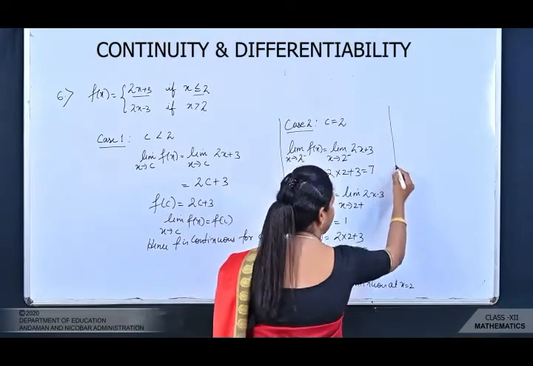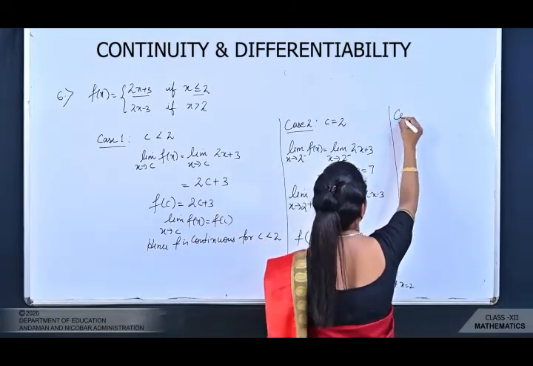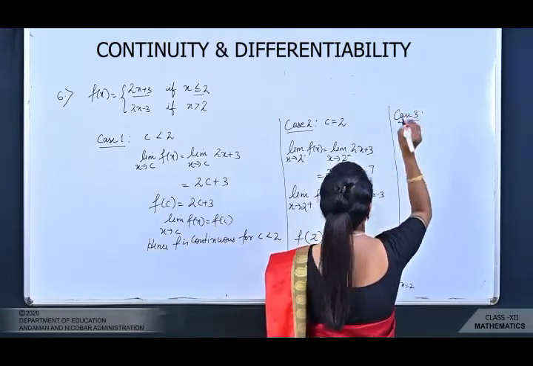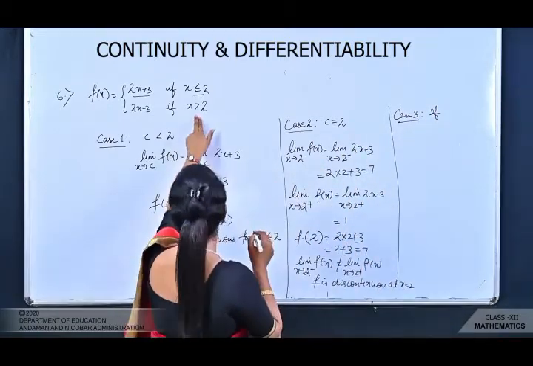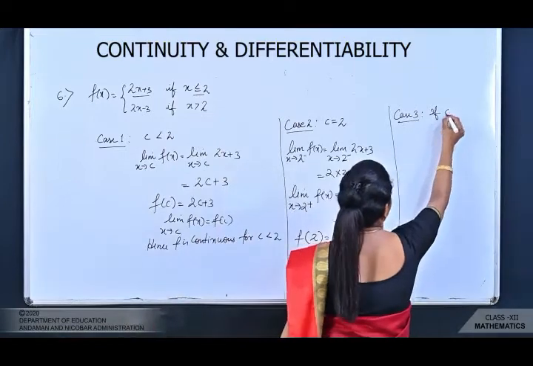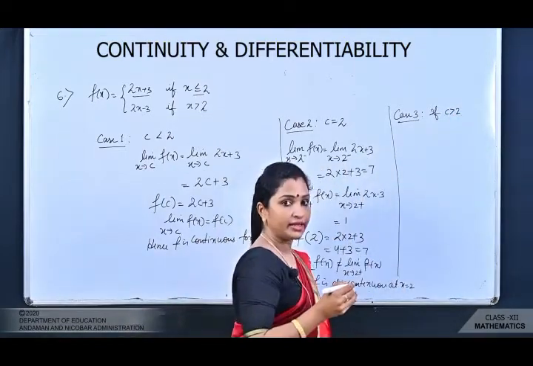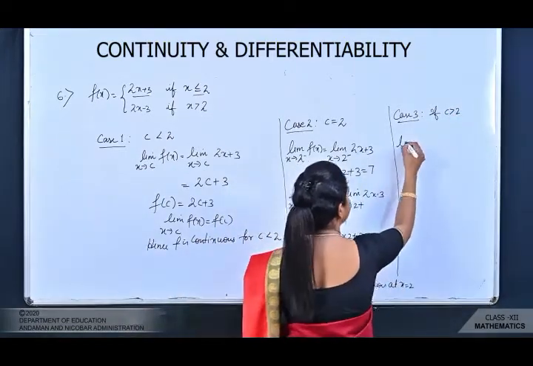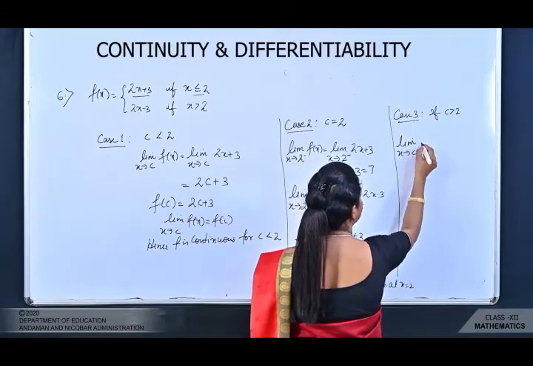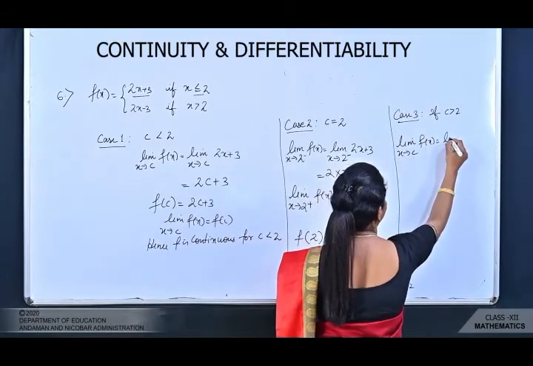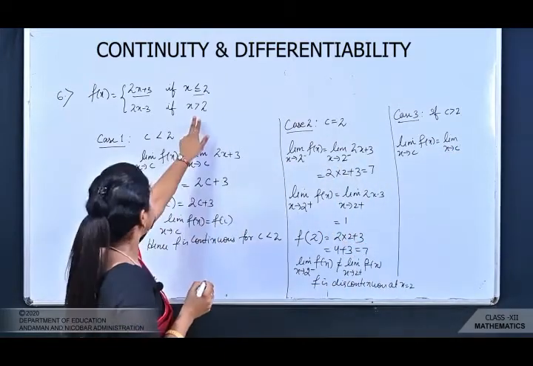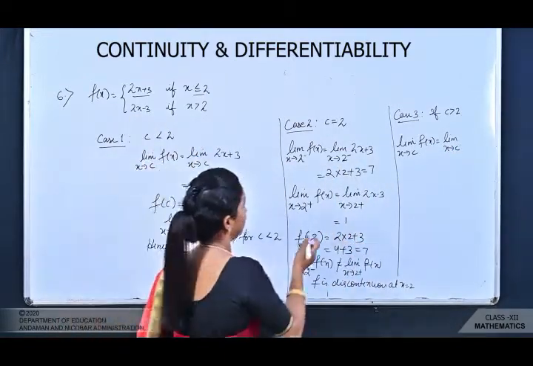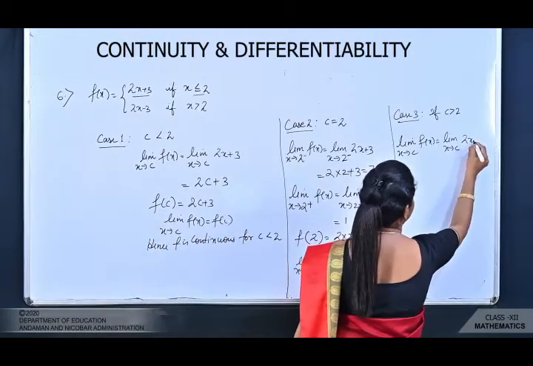Now we'll go for the last case, that is case 3. Case 3 is if c is greater than 2. If c is greater than 2, then what will we find? You will do the same thing. Limit x tends to c, f(x) is equal to limit x tends to c. What is f(x)? For c greater than 2, the value of the function is 2x minus 3.